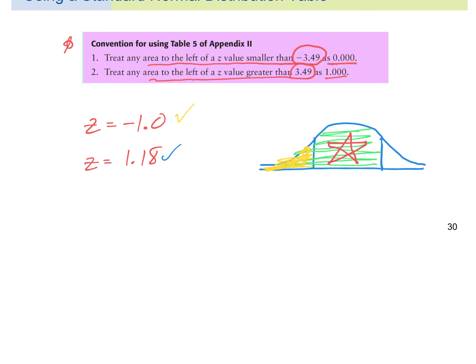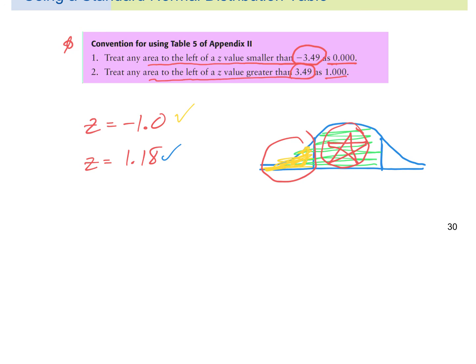Left, you use the chart and write the answer. To the right, you use the chart and subtract from 1. And now I'm showing you the in-between. So if you take the green area and you chop off, i.e. subtract the small area, it'll give you the area that's in between. And that's exactly what we're going to do.